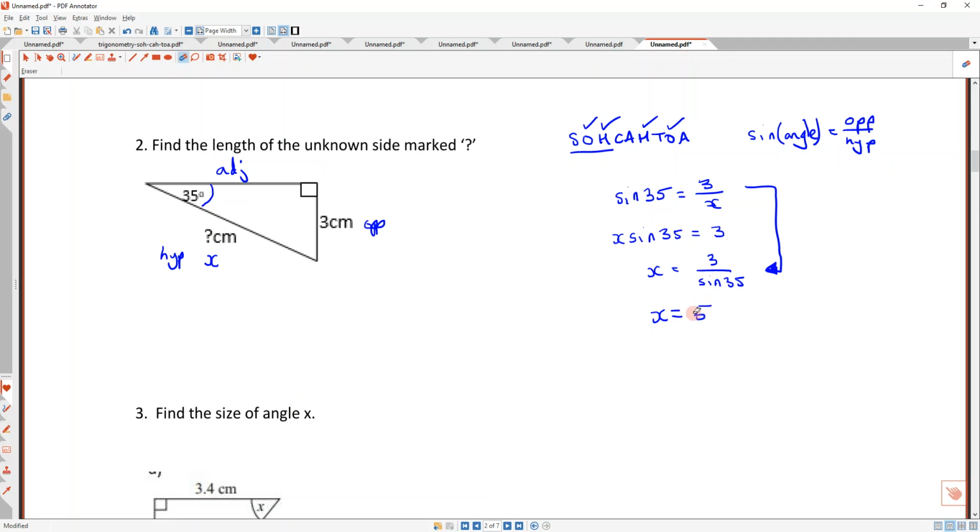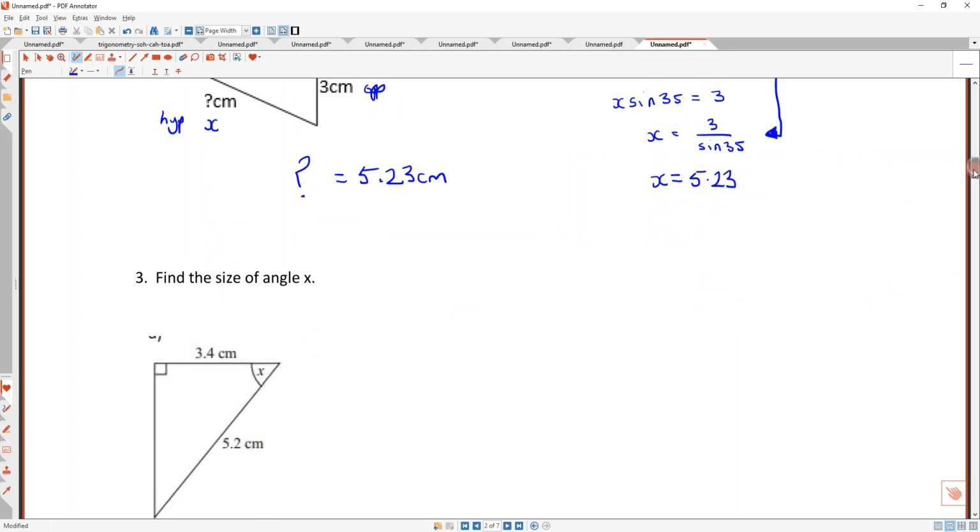Just tidy that up. Okay, so our unknown side, the question mark, is 5.23 centimeters. So again, making sure you get any corrections marked in on your paper.